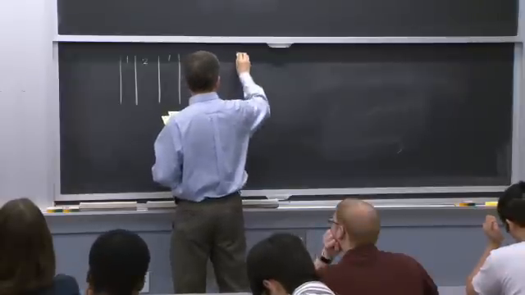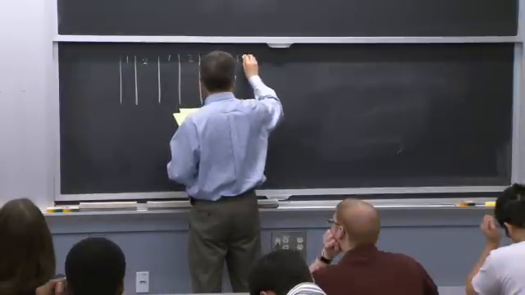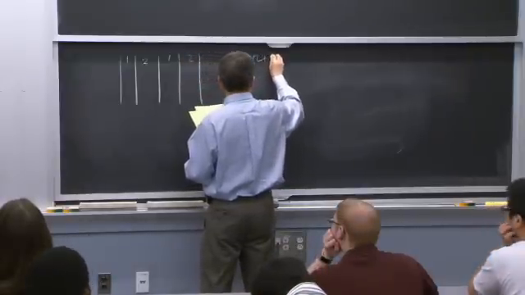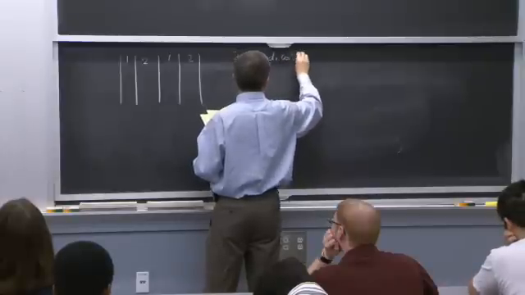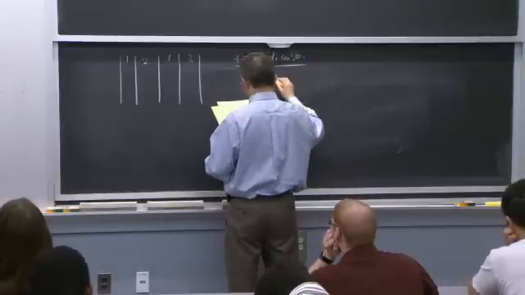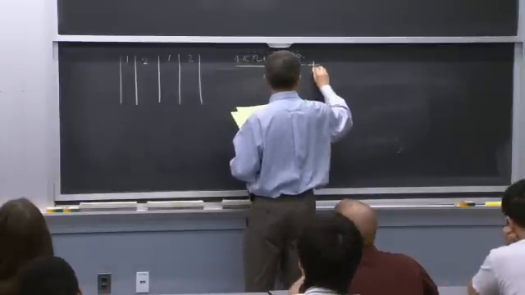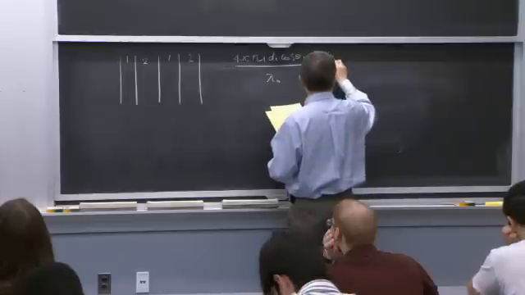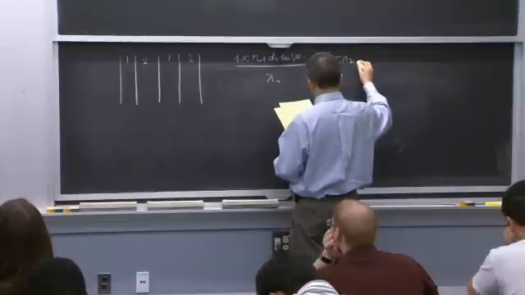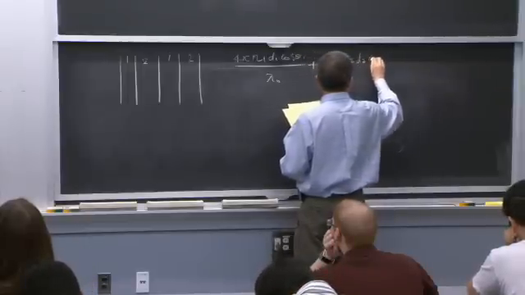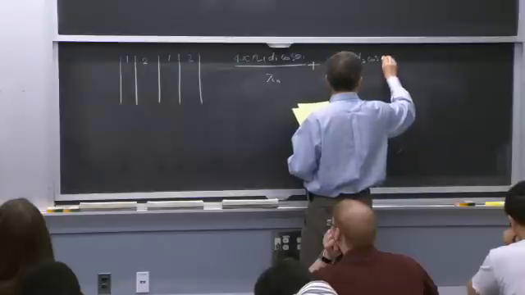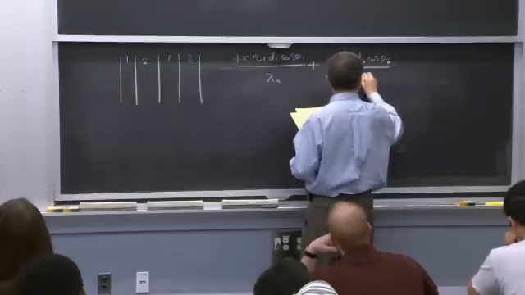In this case, I have 4 pi n1 d1 cosine theta 1 over lambda 0 plus 4 pi n2 d2 cosine theta 2 over lambda 0.